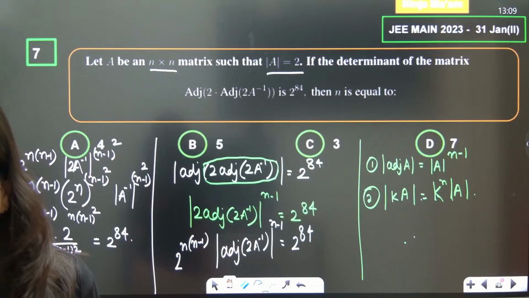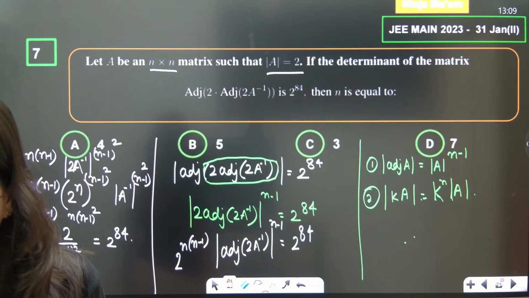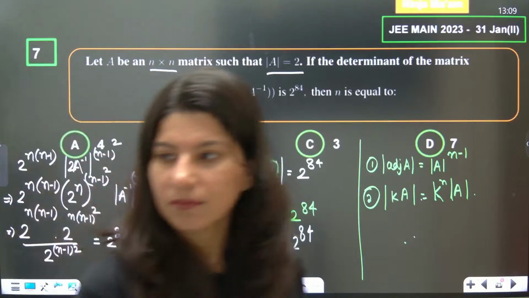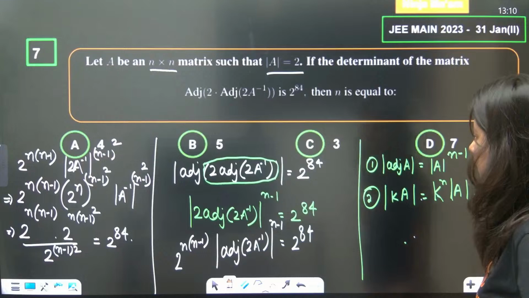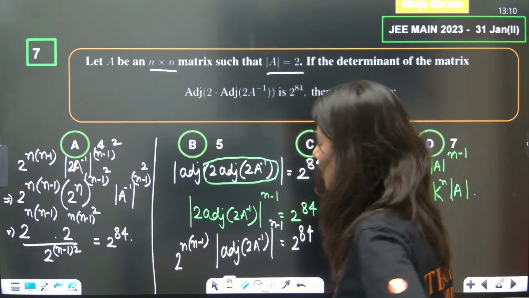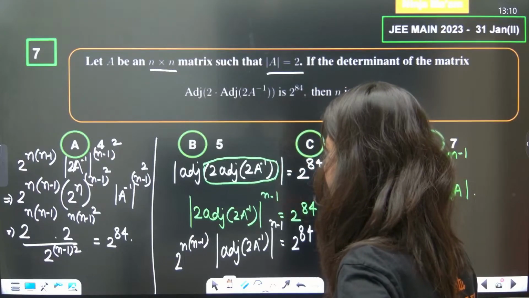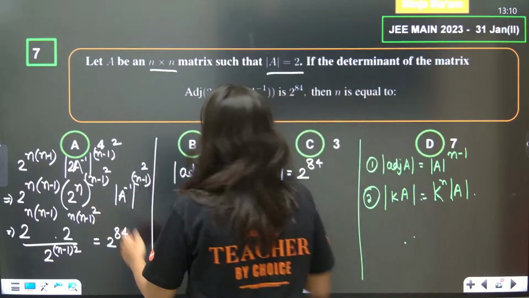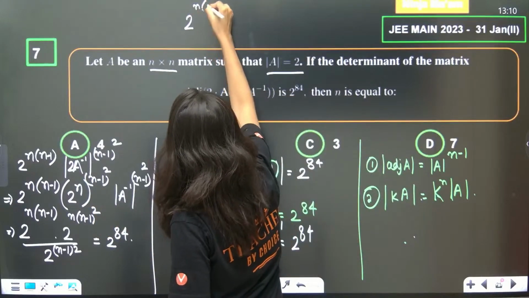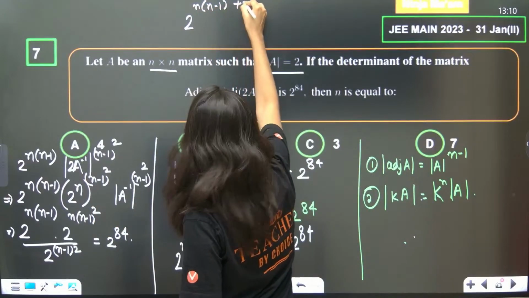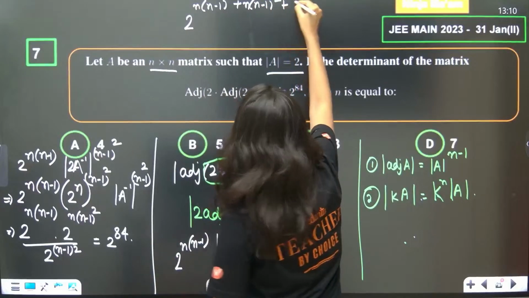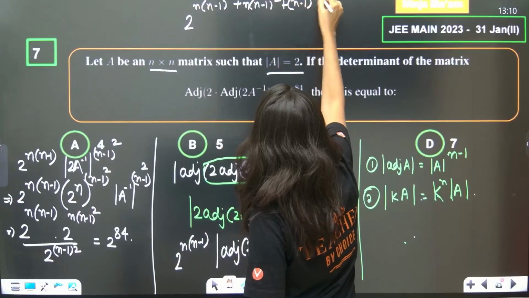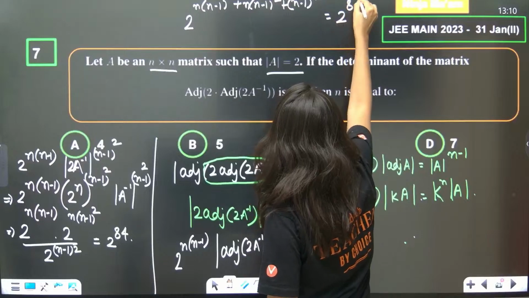Now you put n equal to something. So this is 2 power n minus 1, and again 2 power n minus 1 plus n minus 1 whole square, plus n minus 1 whole square is equal to 2 power 84.